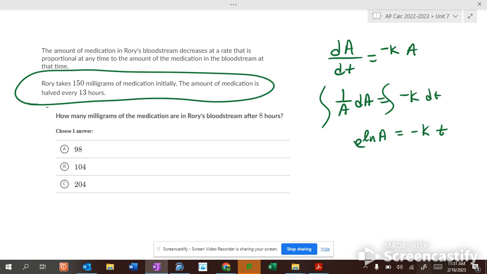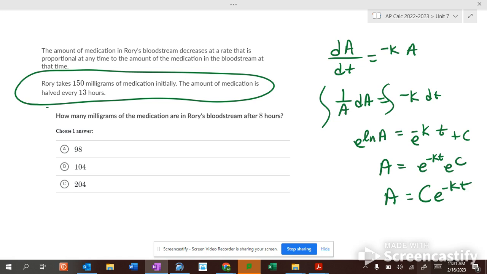So if we e both sides, the amount equals e to the negative kt, e to the c. So the amount equals c e to the negative kt.